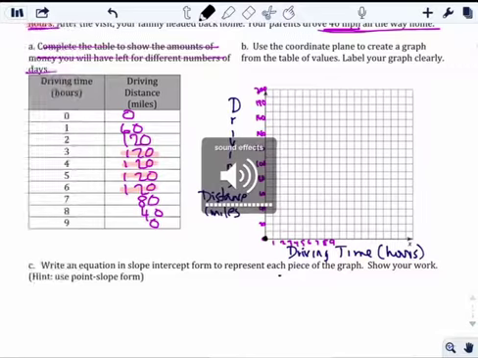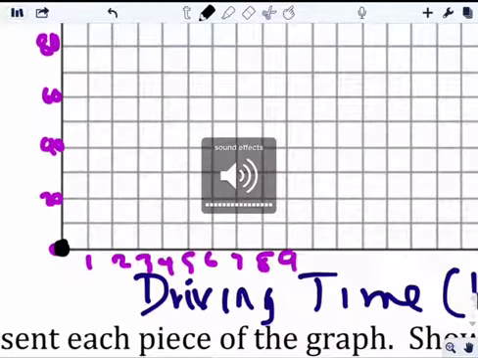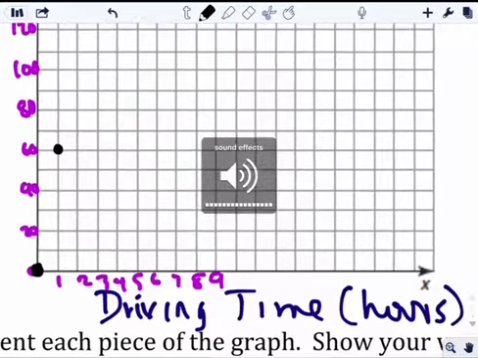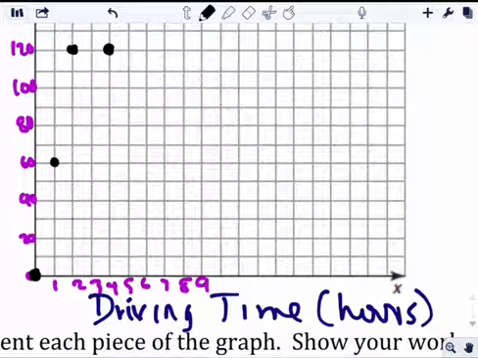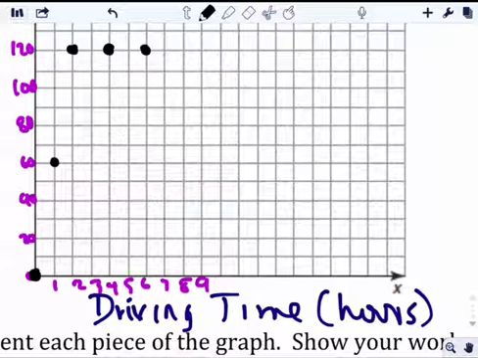And then 1 for 60, 2 for 120. Then 3 is still at 120, 4 still at 120, 5 still at 120, 6 is still at 120.